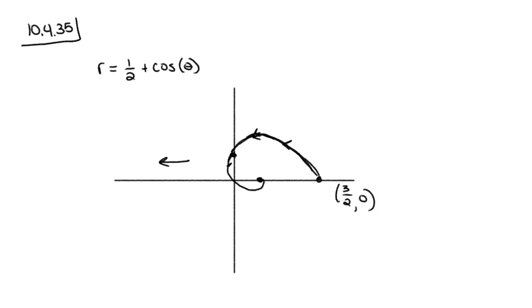If you need to review graphing polars, you could watch the videos that I have online about that. The rest of it is very symmetric to this, so it's going to look sort of like that, if I draw it well enough. And it keeps following this path.